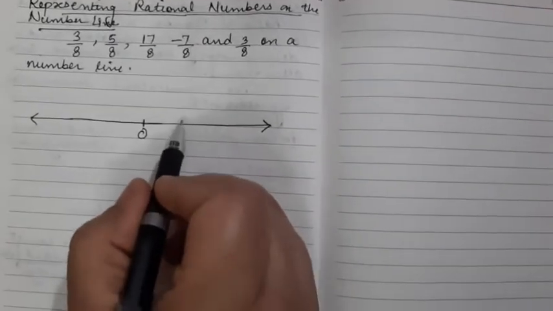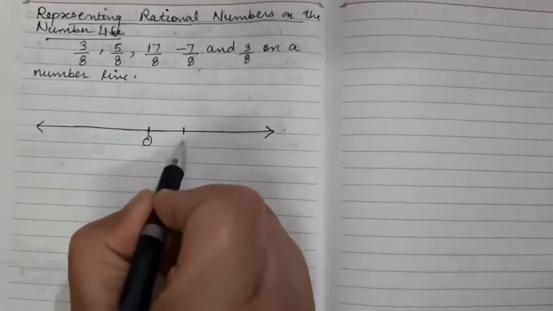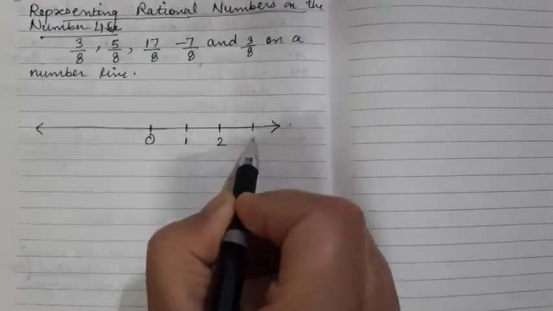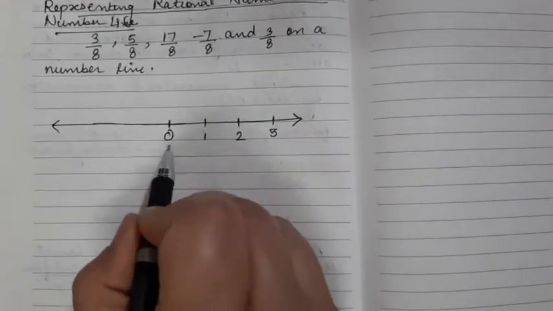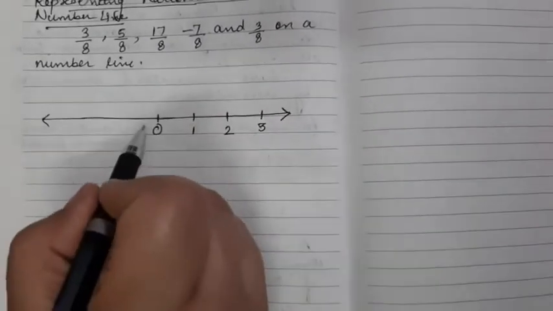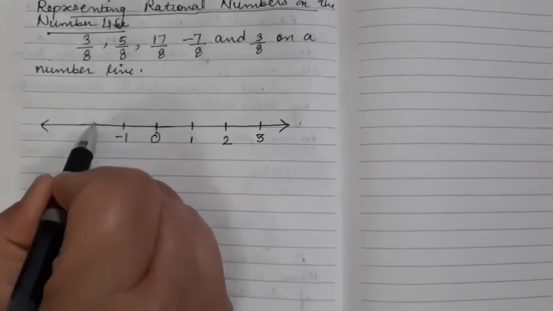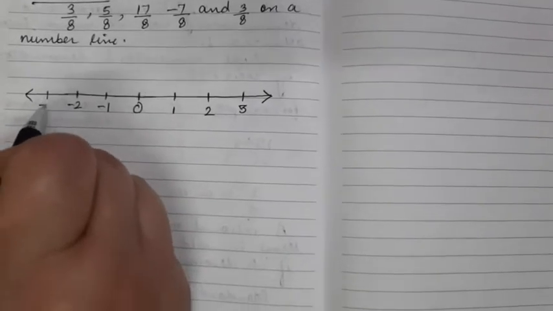Mark points 1, 2, 3 to the right of 0 and minus 1, minus 2, minus 3 and so on to the left of 0.